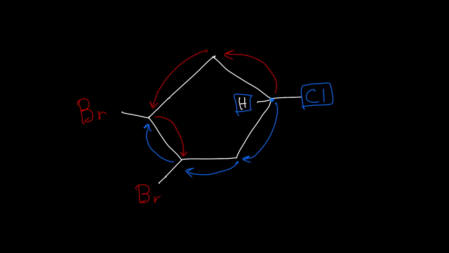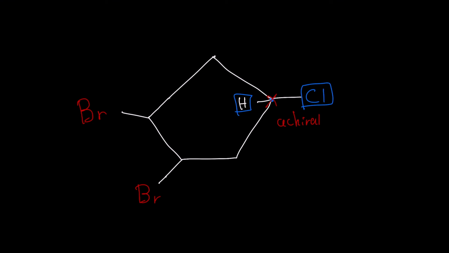And you can keep doing this forever, and the two groups would be identical. So therefore, we consider the two groups coming out of this carbon that are part of the ring to be identical, and therefore the carbon is going to be achiral. It's not going to be a chiral carbon.